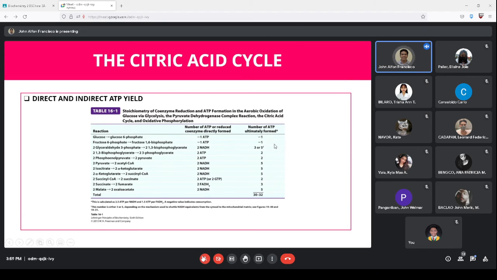So as you can see, it is a good investment since you are only using an initial setup of 2 ATP, then you will be able to produce 30 to 32 ATP or energy. So sa glucose, glycolysis, then production of acetyl-CoA para makapunta ka sa citric acid cycle, you now have a lot of ATP na na-produce. Okay?